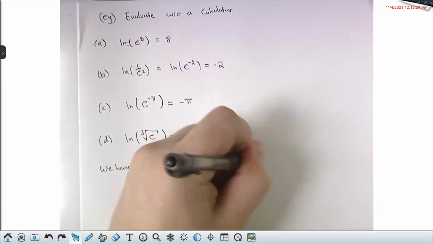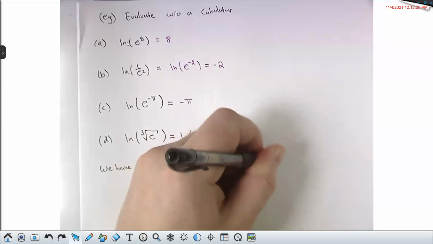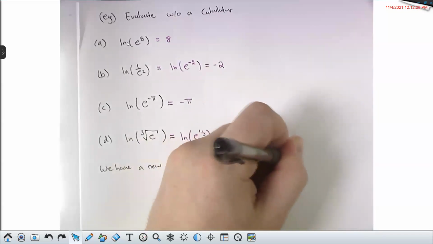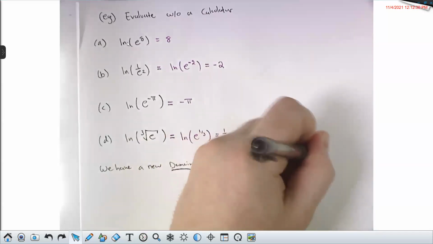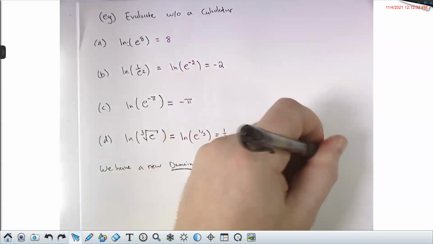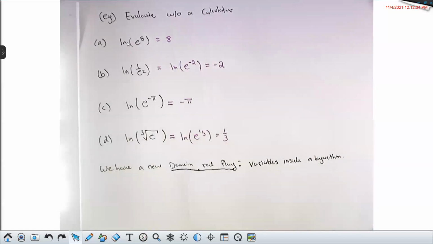And that is variables inside a logarithm, because the domain of all of these logarithms is just 0 to infinity, just positive numbers.